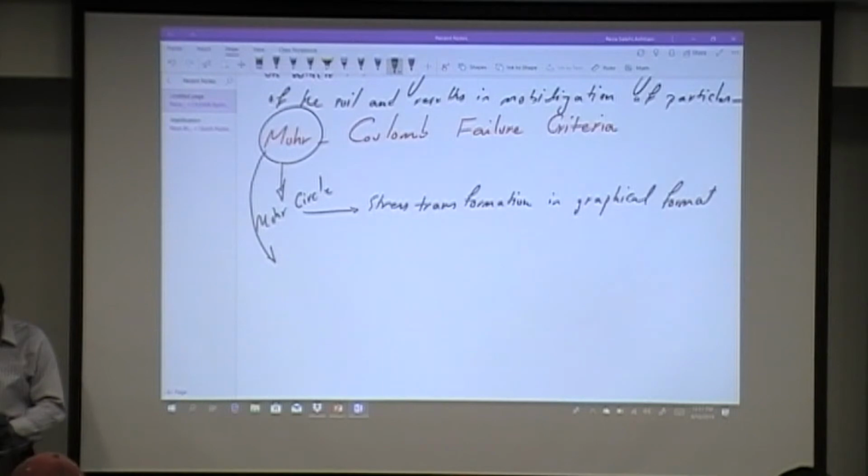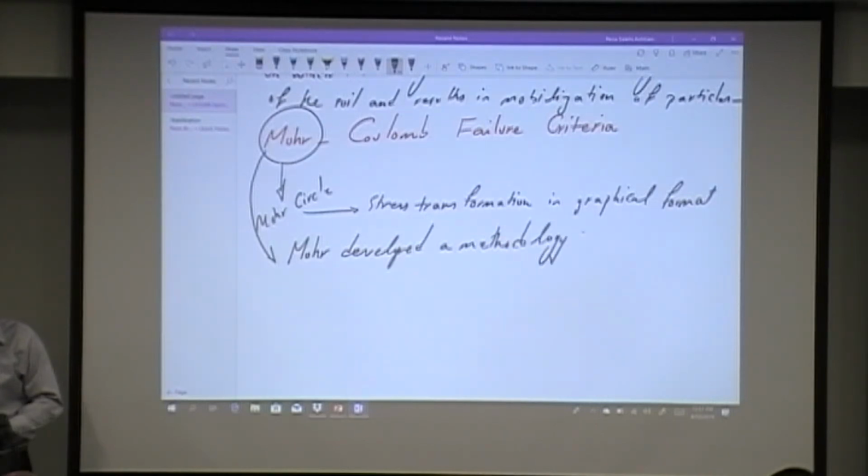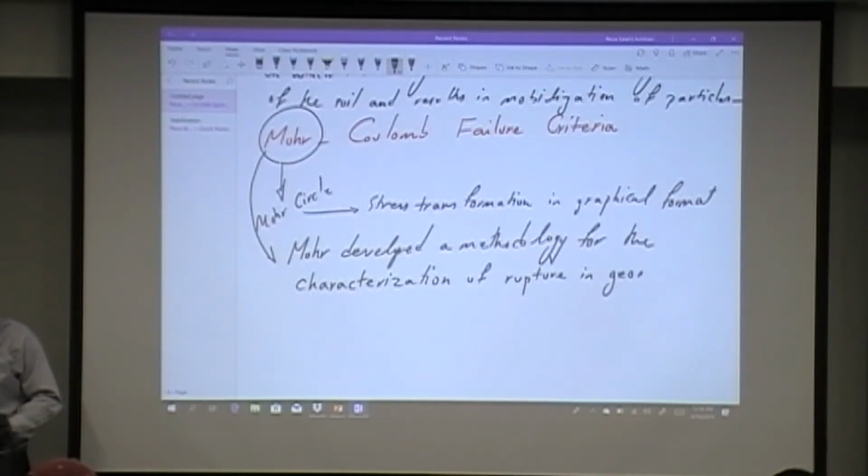Let's start with the general concept. Mohr developed a methodology for the characterization of rupture or failure of geomaterials.